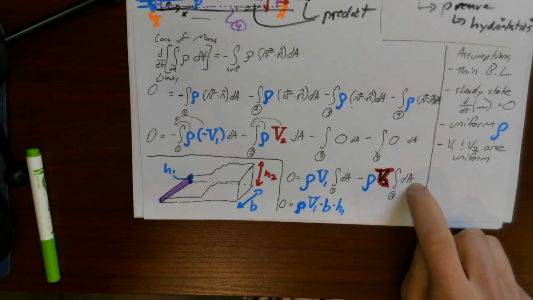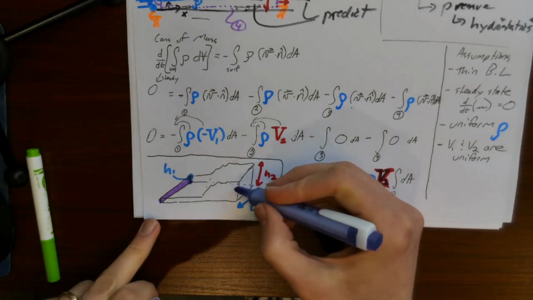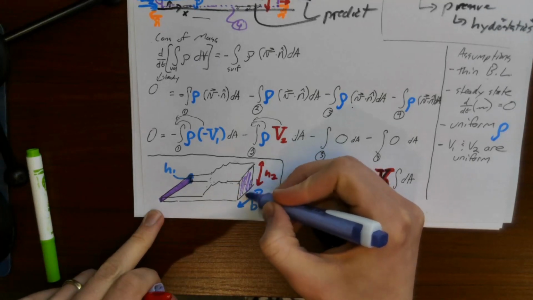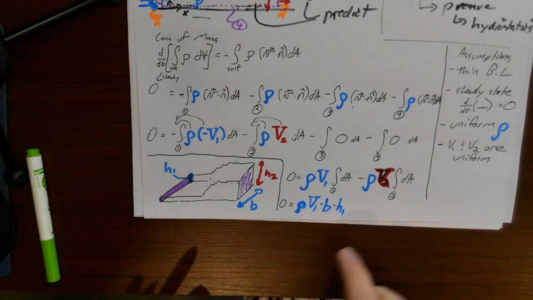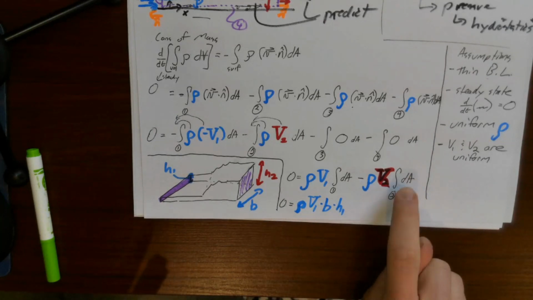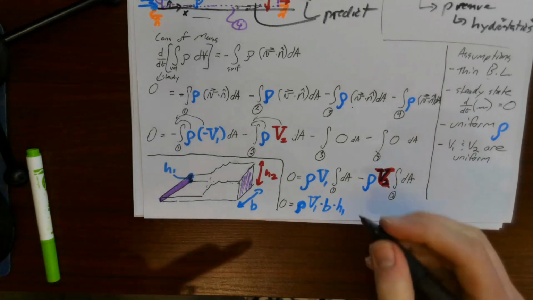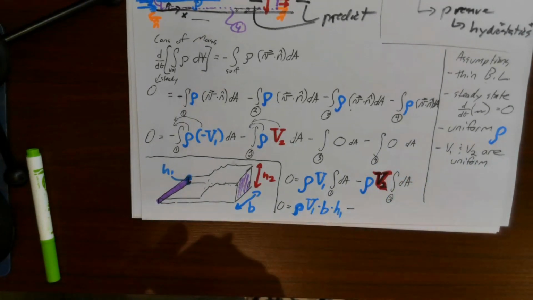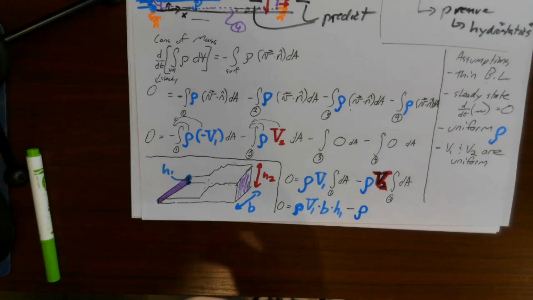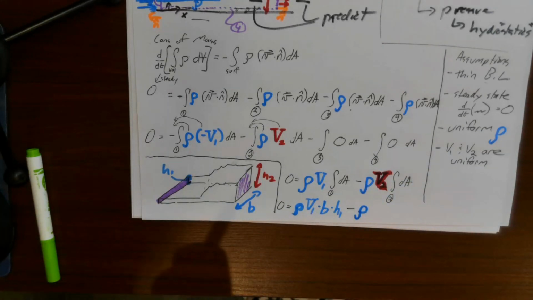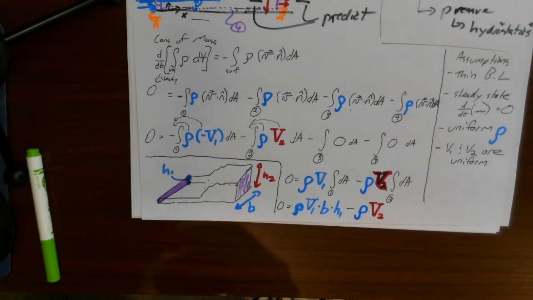Integral dA over surface 2 is just the area of this second surface, which would be b times h2. And of course we have our rho v2 as well. So we have rho, we still have our v2, and then from the integral, we get a b and an h2.